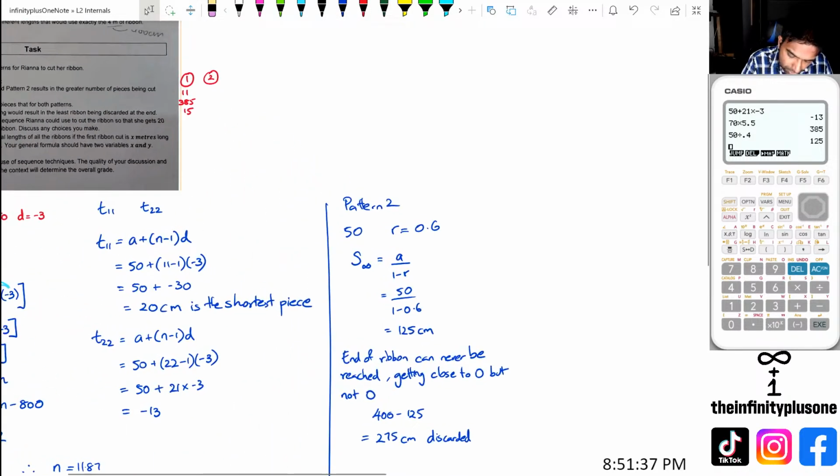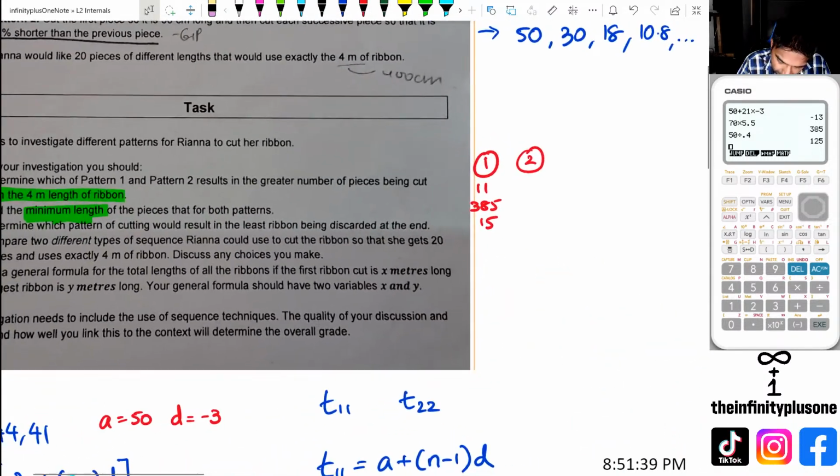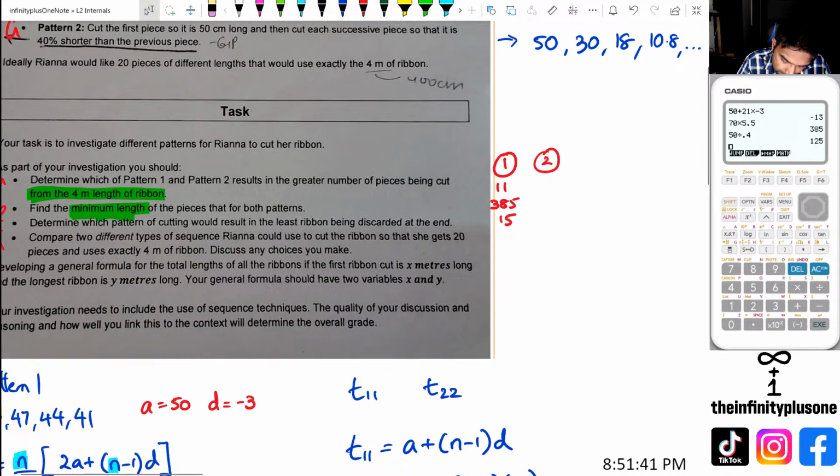So if we go back to our question, with the greatest number of pieces being cut, we can say pattern 2 is going to have the greatest number of pieces, because you can literally cut infinite ribbon pieces. The total of that is going to be 125, so you're actually wasting 275.